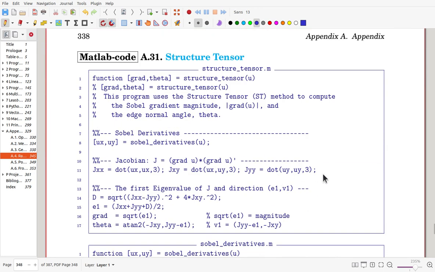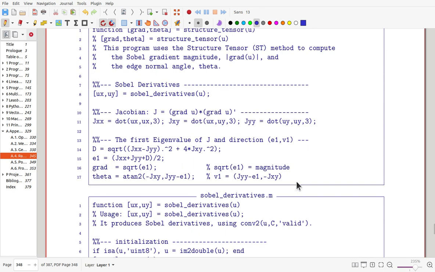Now, structure tensor can be implemented quite simply. Here we have U notation. U is a color image. Now, after getting Sobel derivatives, the x direction, y direction, and by using that, here that is now dot product in third direction.